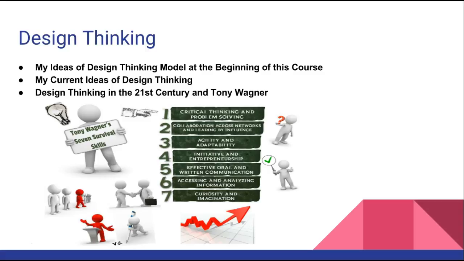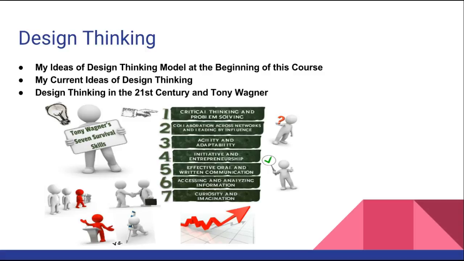The entrepreneurship and initiative phase is definitely a key in design thinking and in 21st century learning, as you do need to take the initiative and ask for communication and ask for collaboration, ask for the resources that you need in order to fix this problem that you have taken on.